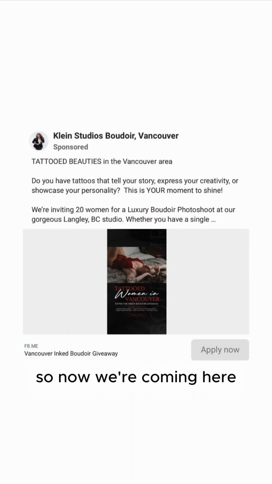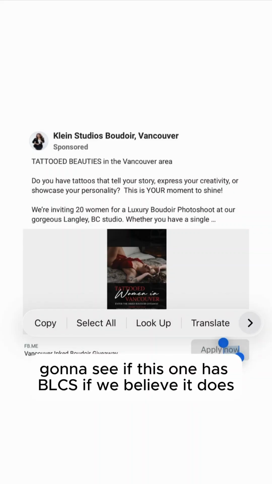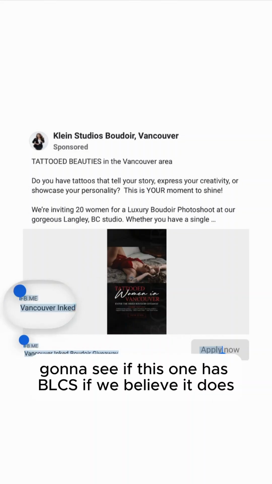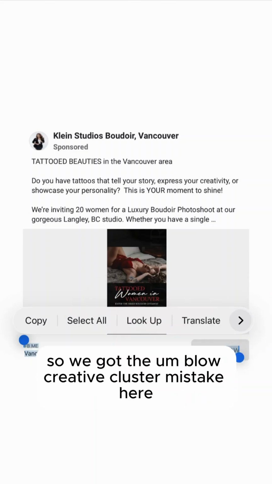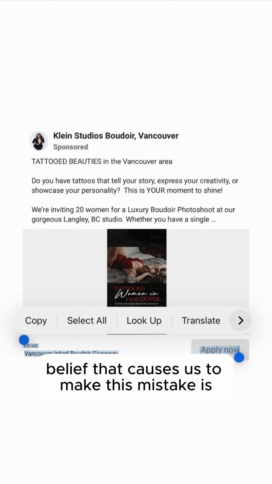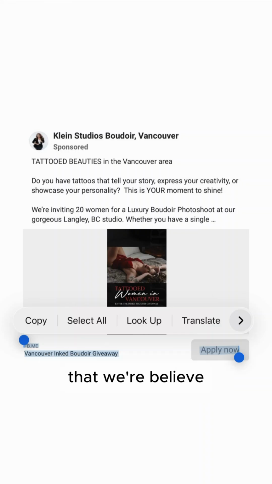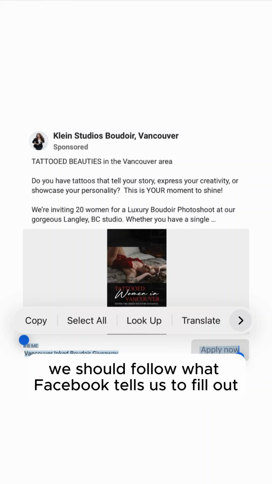So now we're coming here, going to see if this one has BLCS, or if we believe it does. We've got the below creative cluster mistake here. The false belief that caused us to make this mistake is that we should follow what Facebook tells us to fill out.